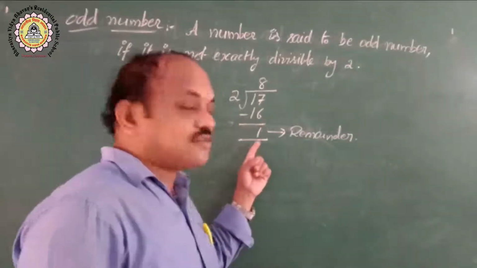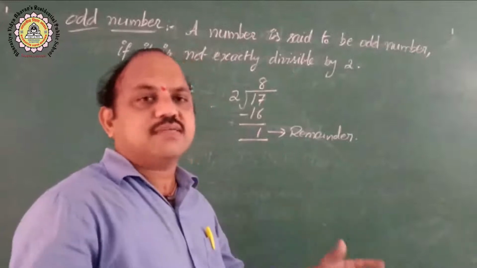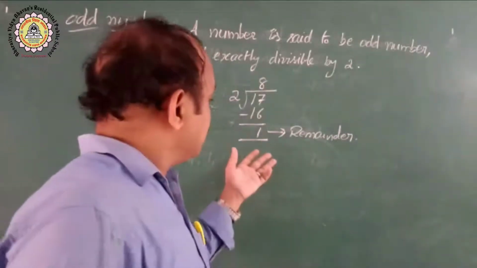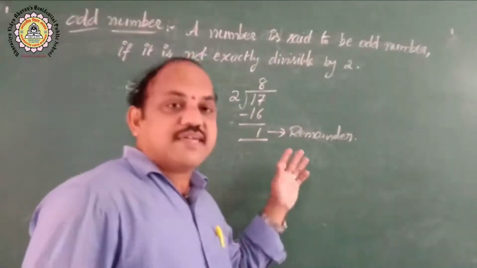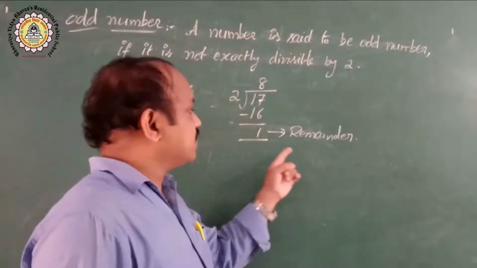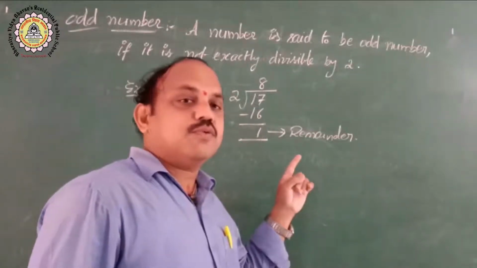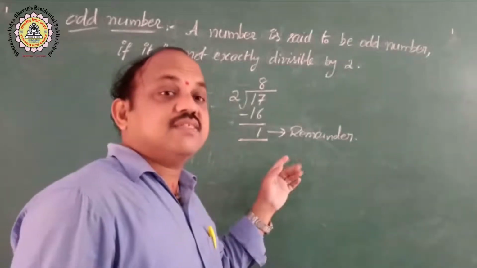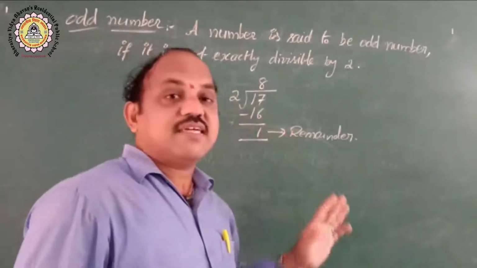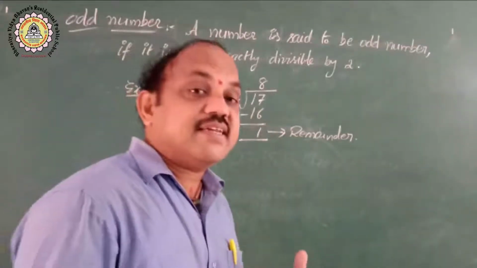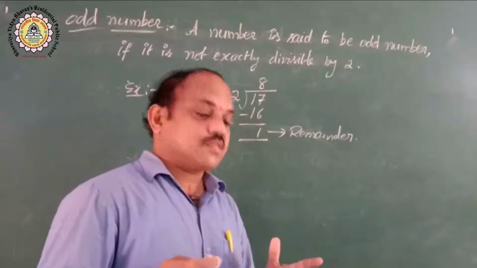This remainder is other than 0, like 1, 2, 3, something else. That means we are not getting 0. So here we got remainder 1. So this number 17 is not exactly divisible by 2. So that's why 17 is an odd number.